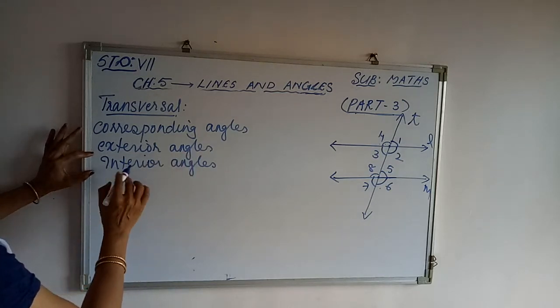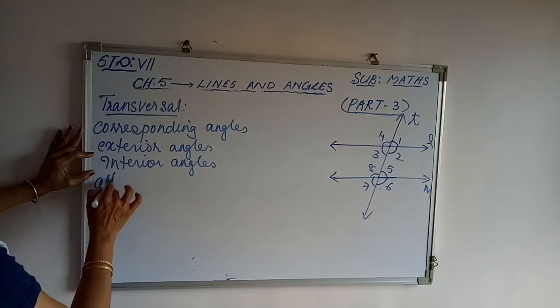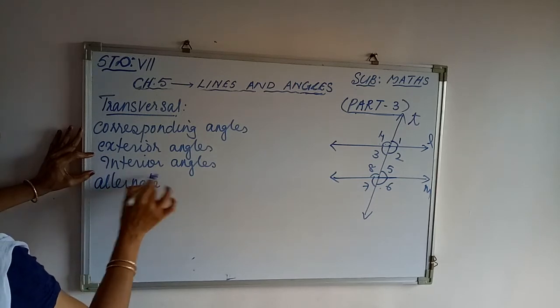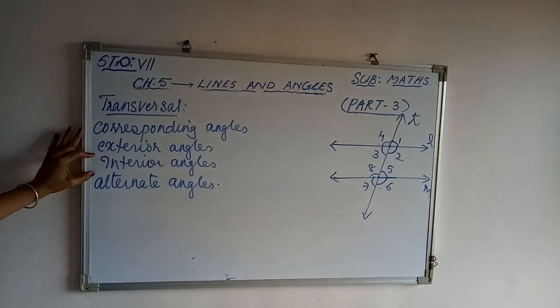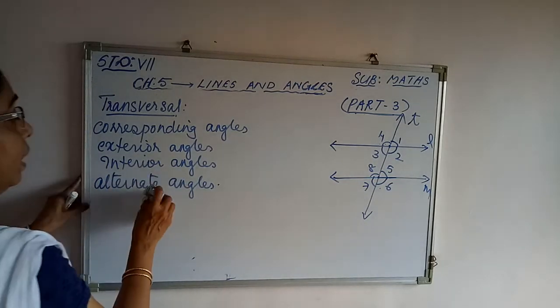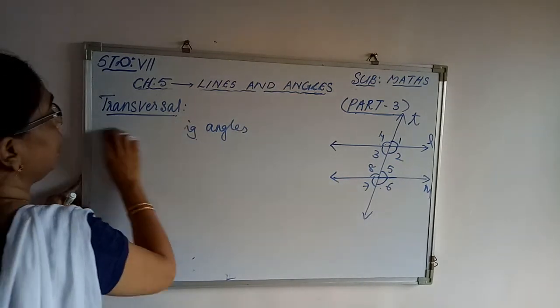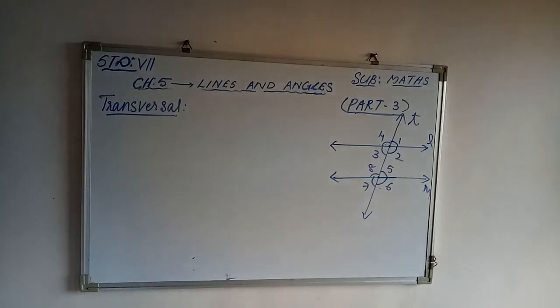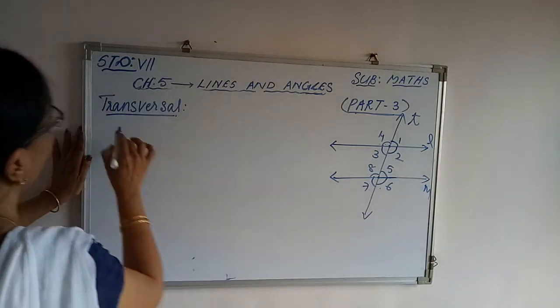And next what is there? Alternate angles. Clear to you? Now see, we can write this. The alternate angles can be written as follows.